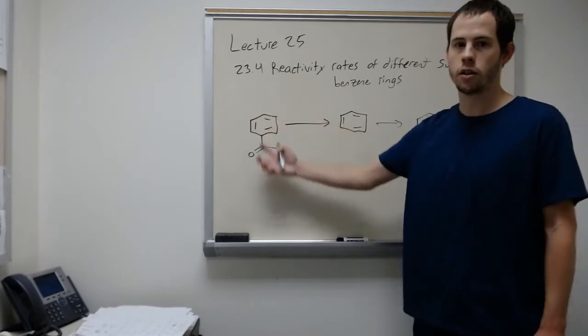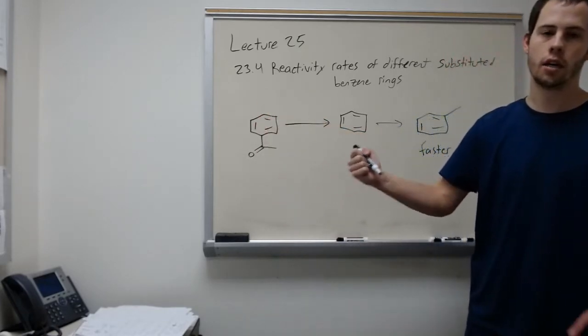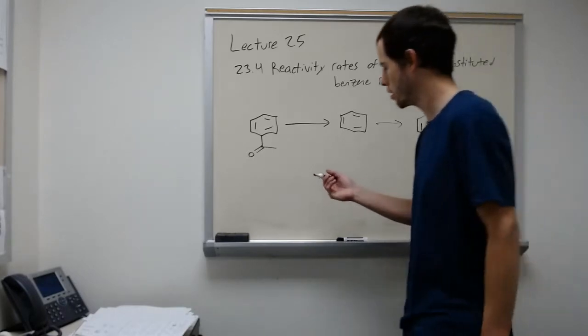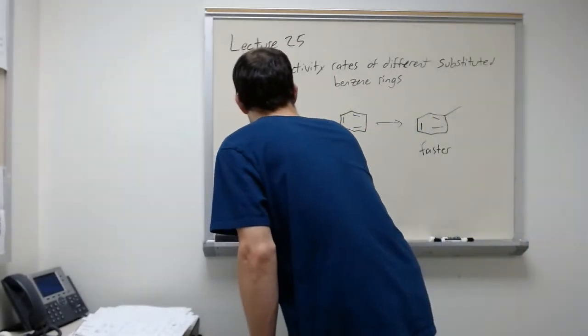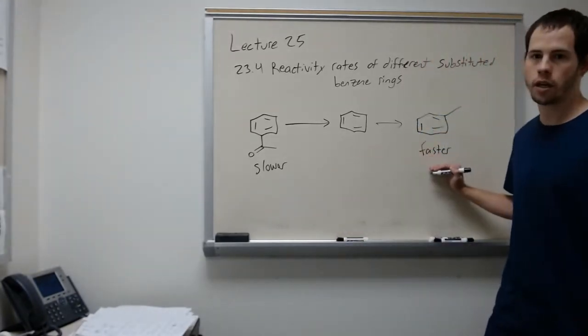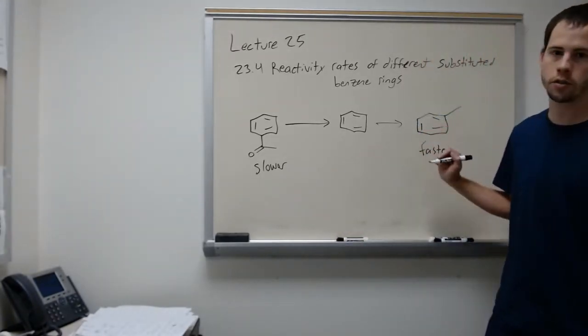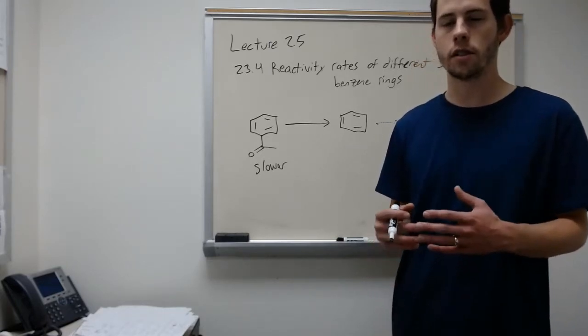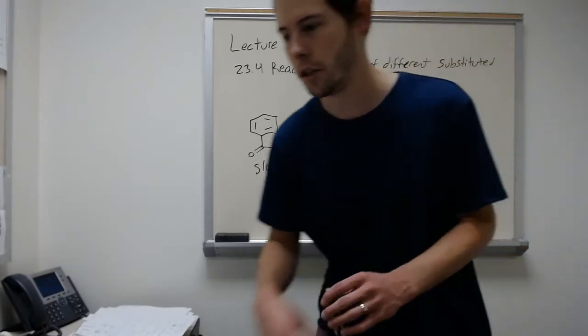So we suck electrons out of the ring, making it more positively charged and therefore not as nucleophilic. So these types of things are slower than benzene, and things that are donating put partial negative charges into the ring and are faster. So let's talk about this in terms of the Friedel-Crafts alkylation and acylation.